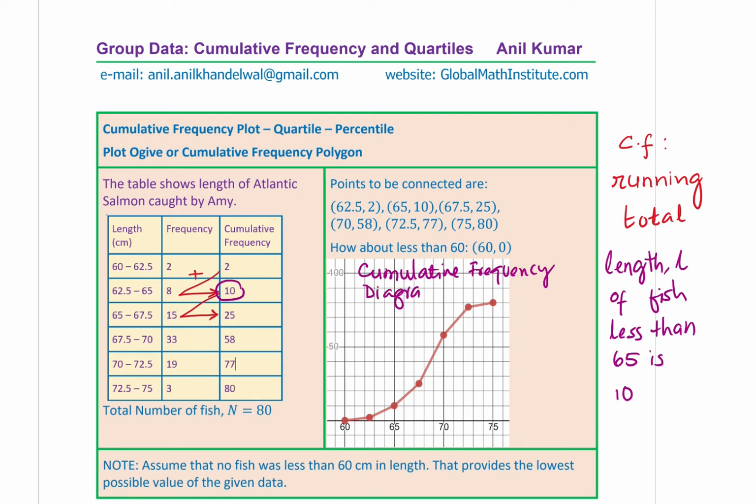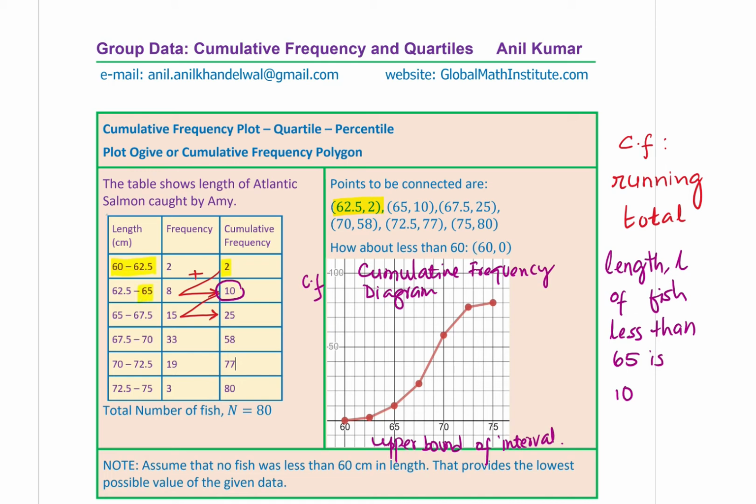When we draw a cumulative frequency diagram, on the y-axis we have the cumulative frequency, and on the x-axis we have the upper bound of the interval. That is very important to understand. For the first interval, 60 to 62.5, we have 2. So that gives us the coordinate 62.5, 2, right?